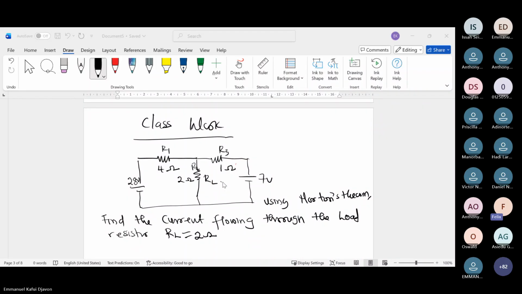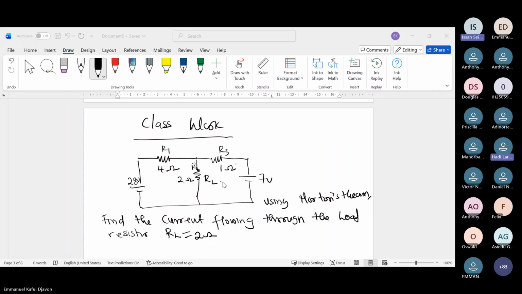V is equal to 28 times... Or am I wrong? What is 28? The voltage. What are you finding, the IL or the RT? The voltage.